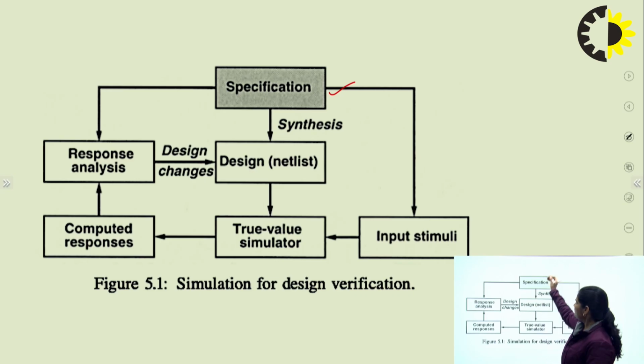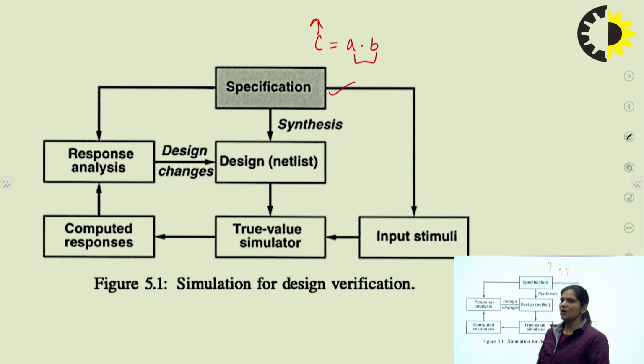So let it be C is equal to A into B. AND means multiplication. So these are the inputs A and B we have to consider, and C is the output. So how many inputs are required for the designing of an AND gate? Two inputs A and B, and C is the output. So these variables we have to define in the specification.